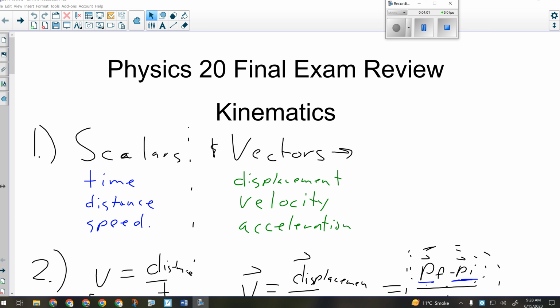This one, I will tell you, involves systems as well. So remember that in a system, the net force acts on how much of the mass? All of it. Okay, so if there's more than one mass, it's a system, and the net force acts on all of the mass.